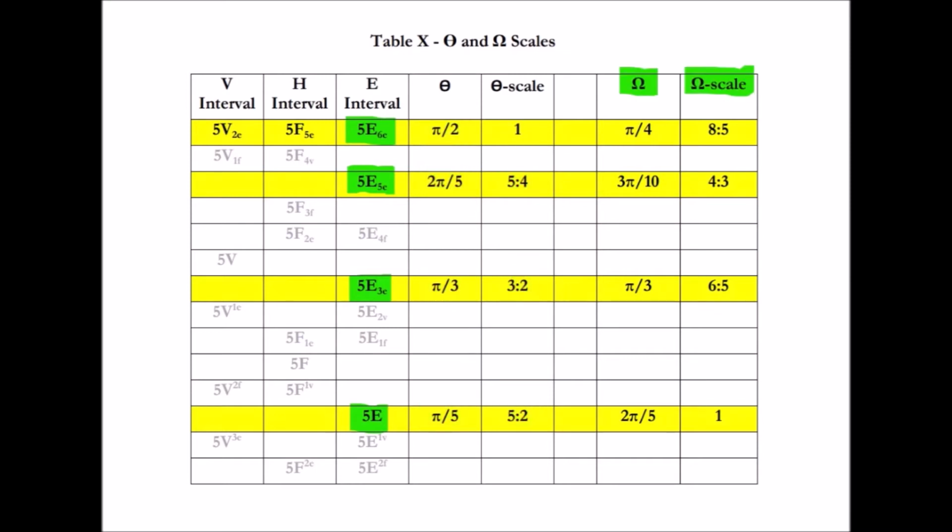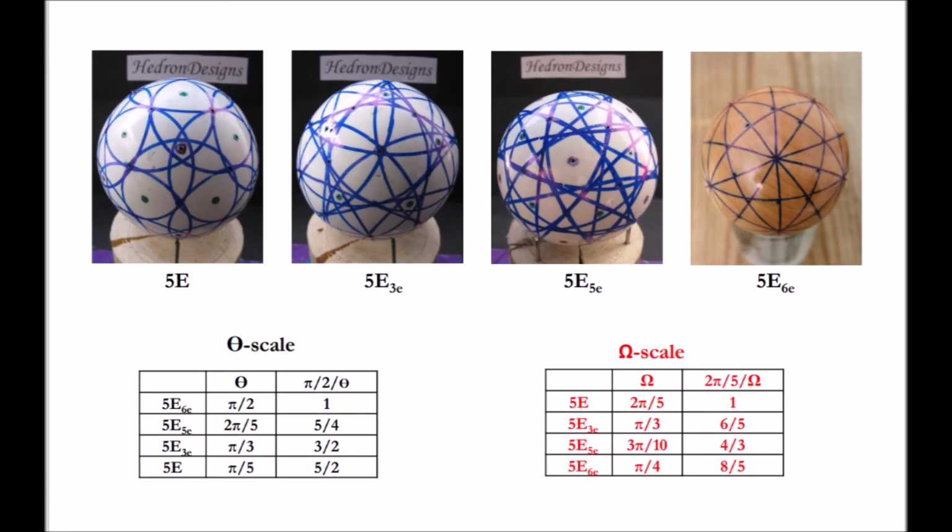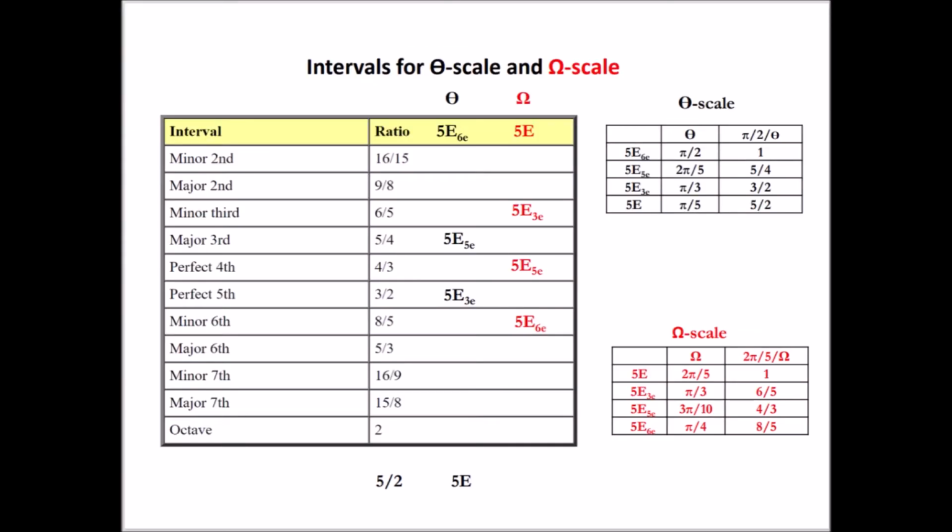For the omega scale, the largest angle was 2 pi over 5, and that was set as unison, or 1 to 1, which was then compared to the other 3 angles, which also resulted in some simple integer ratios as seen in this table. The results of the theta and omega scales are integrated into the interval ratio table seen earlier, and 7 of the 8 ratios fell within the boundaries of this table. The ratio of 5 to 2 was one of the outliers.